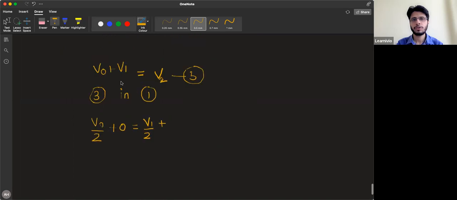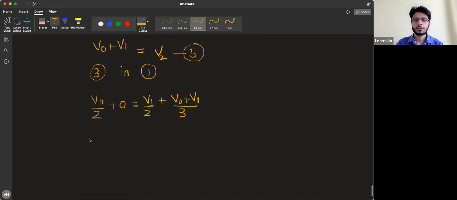So instead of V2, you can write V0 plus V1 by 3. So this is V0 by 2.